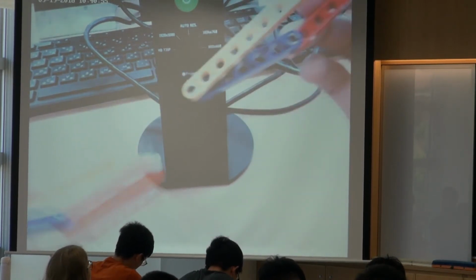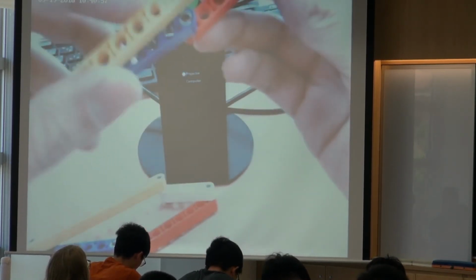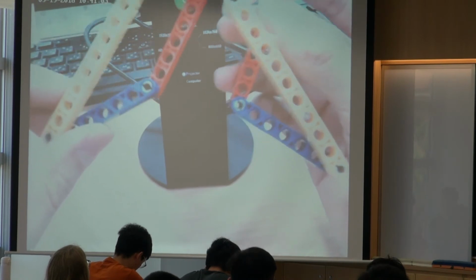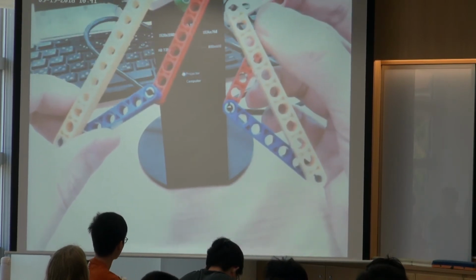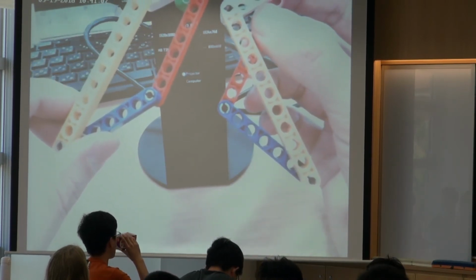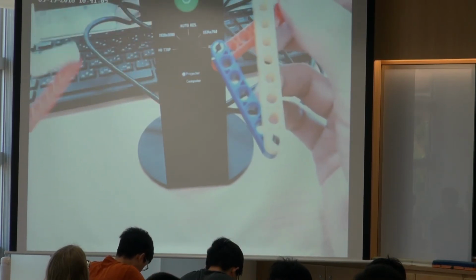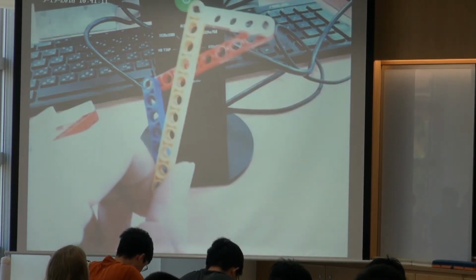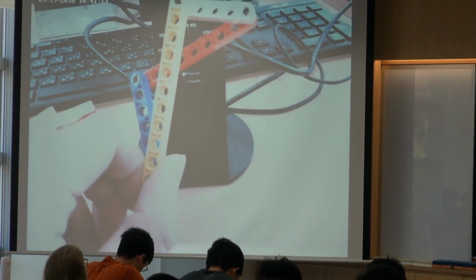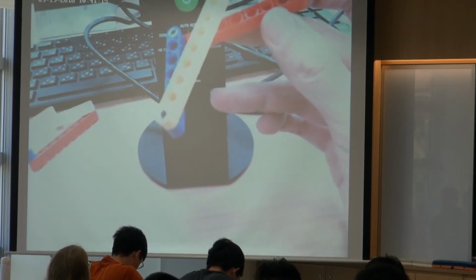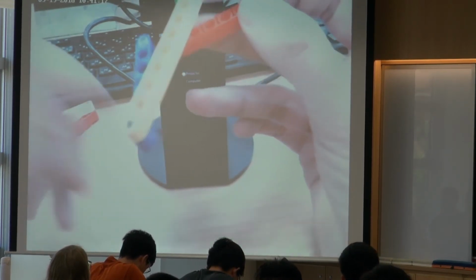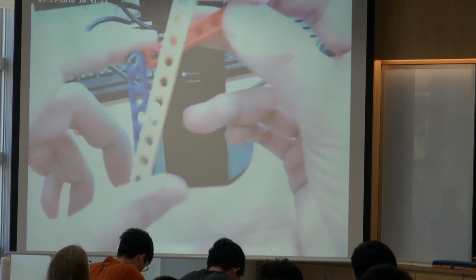We don't know if it's going to be this way or this way. Either way is possible. Maybe there are some applications that require this strange behavior, but I think in general applications, we don't like it this way.